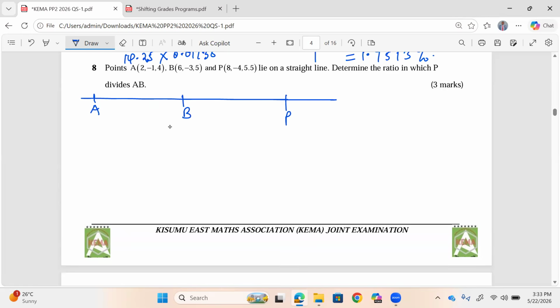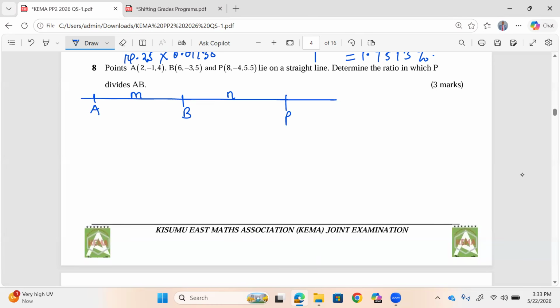But now one thing that we're supposed to know here is that there are some proportions into which B has divided AP, and I want us to work with that. This can be M, and this can be N. Now, we can say that B has divided AP in the ratio M is to N.